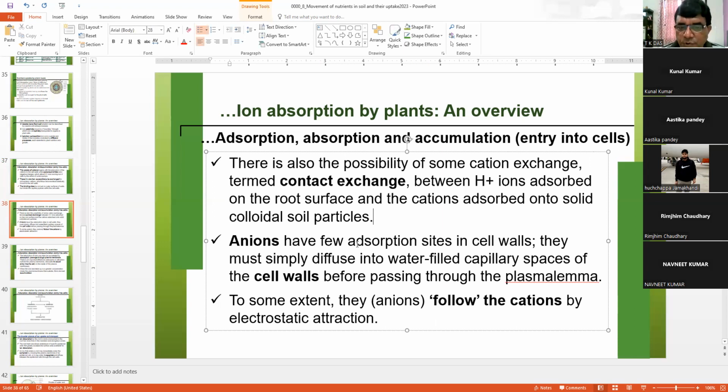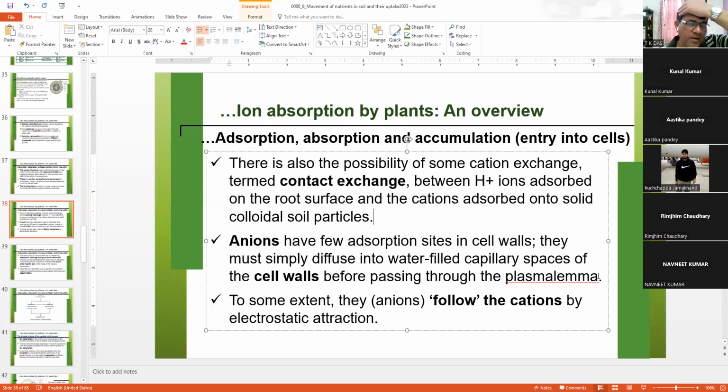Anions have few adsorption sites in cell walls. They must simply diffuse into water-filled capillary spaces. So anions can enter the cell wall spaces through the water-filled capillary spaces of the cell wall before passing through the plasma lemma. Means anions can enter through diffusion.